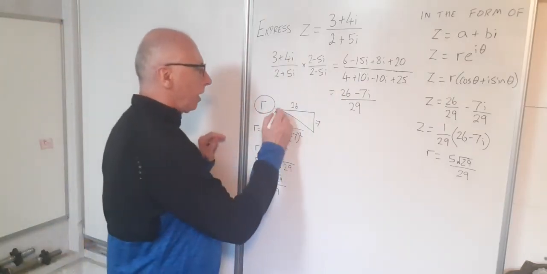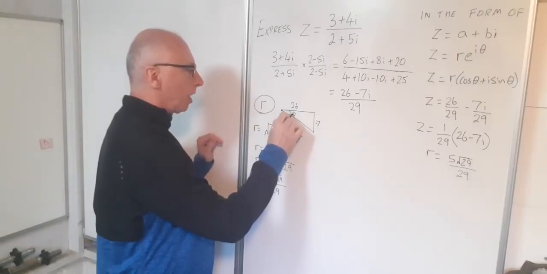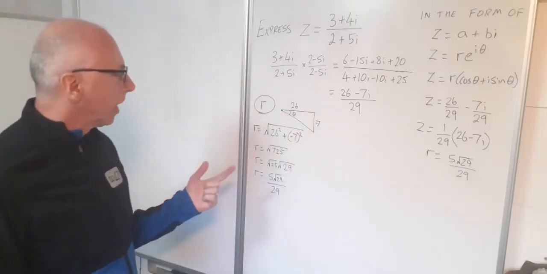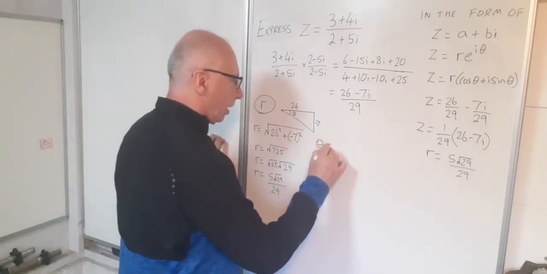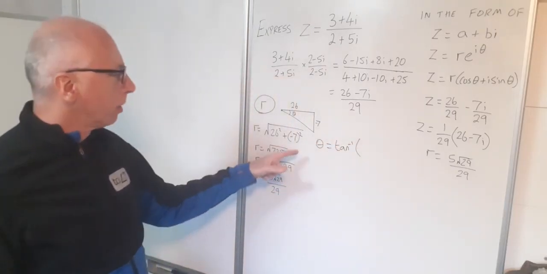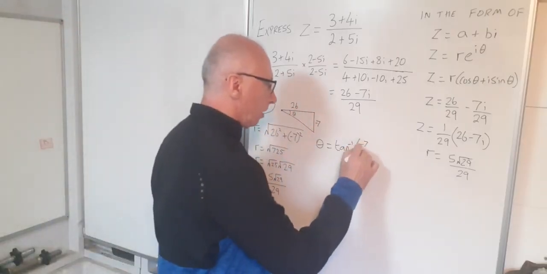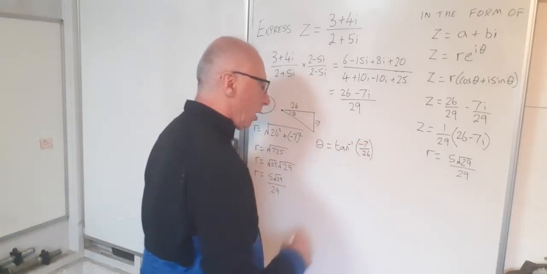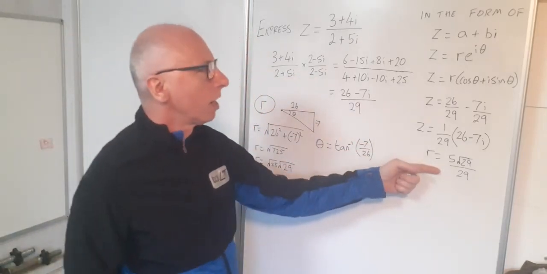So we can see here, if that's our origin, then our principal argument here, theta, is going to be a negative value. So to do that, theta equals the inverse tangent of our imaginary component over our real component, so it's minus 7 over 26. Okay, so that's theta. So we've got theta and our radius.